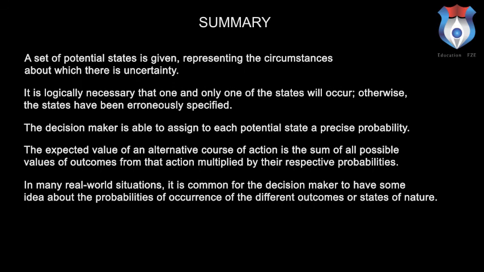The expected value of an alternative course of action is the sum of all possible values of outcomes from that action multiplied by their respective probabilities. In many real-world situations, it is common for the decision maker to have some idea about the probabilities of occurrence of the different outcomes or states of nature.